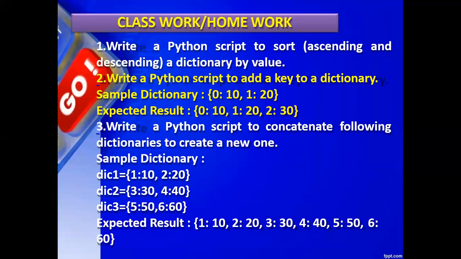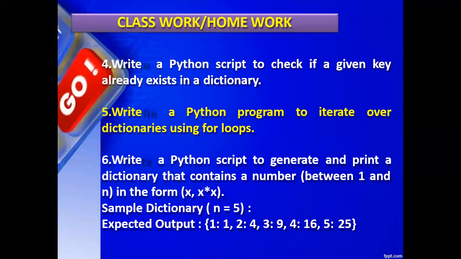So this is your homework for today. Write a Python script to sort a dictionary by value. Write a Python script to add a key to a dictionary. Write a Python script to concatenate the following dictionaries to create a new one, merging all these three. Create a Python script to check if a given key already exists in the dictionary.